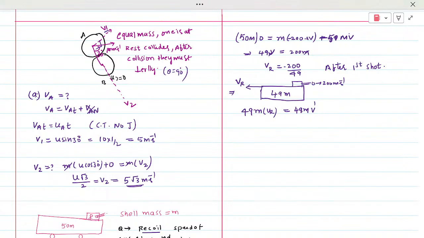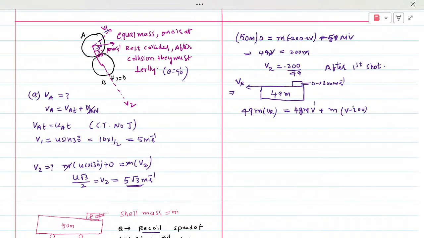49 means 49, not 48. One shell is going now, so 48 m into V dash plus the shell m into V minus 200. V is taken as positive, this one is taken as positive direction, left direction.